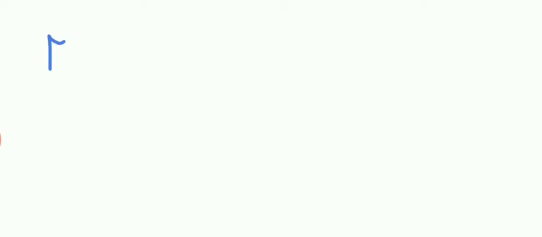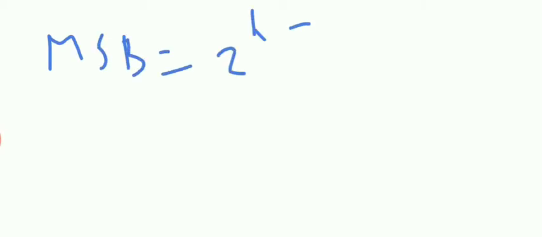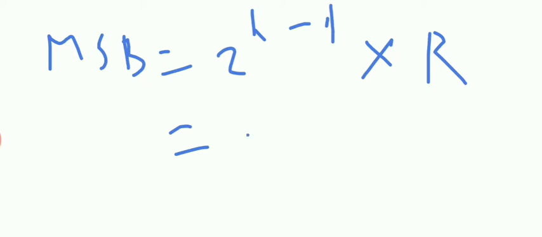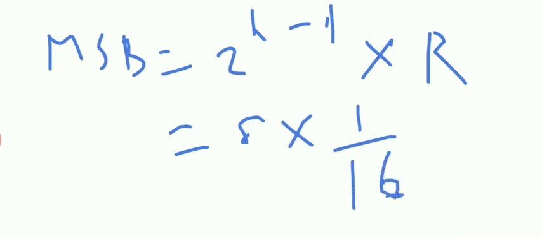MSB is given by 2 power n minus 1 into resolution. 2 power 4 minus 1 is 8, into resolution, which is 1 by 16, because the reference is 1 volt divided by 2 power n, which is 16. So that is equal to 0.5 volt. Simple, right? So for MSB, the value is 0.5 volt.